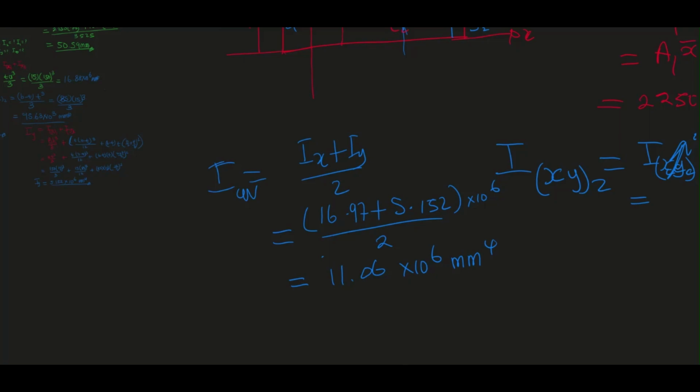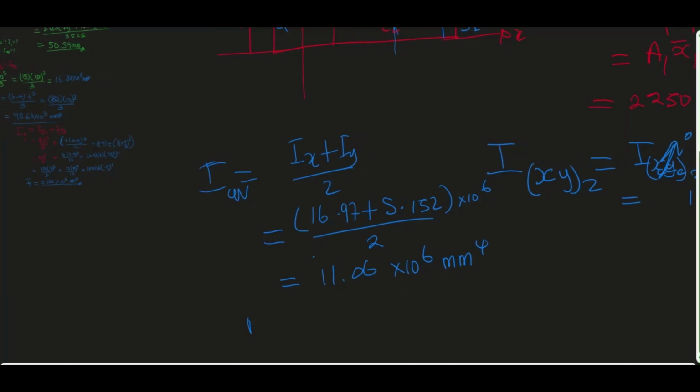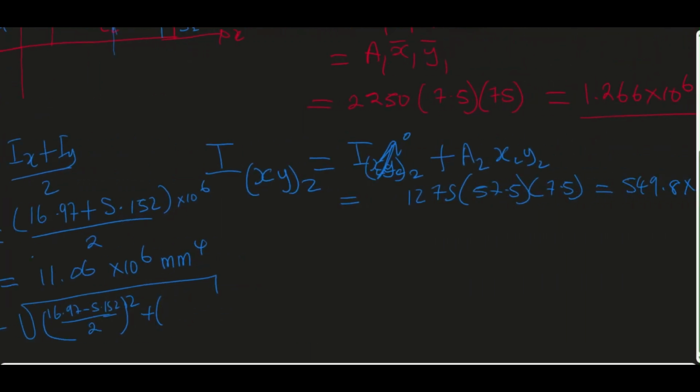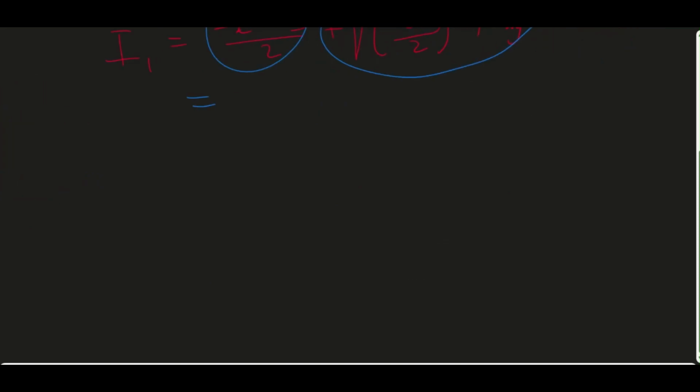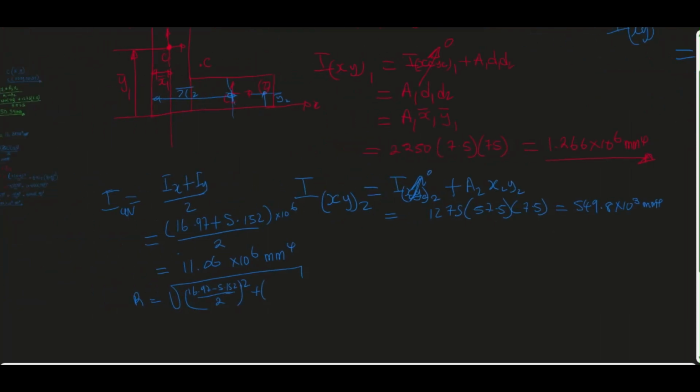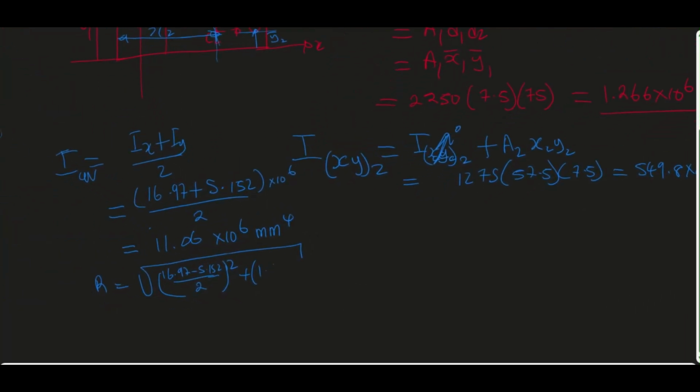Okay, and R is the square root of 16.97 minus 5.152 over 2, squared, plus Ixy. What is Ixy? 1.82. 1.82 squared.